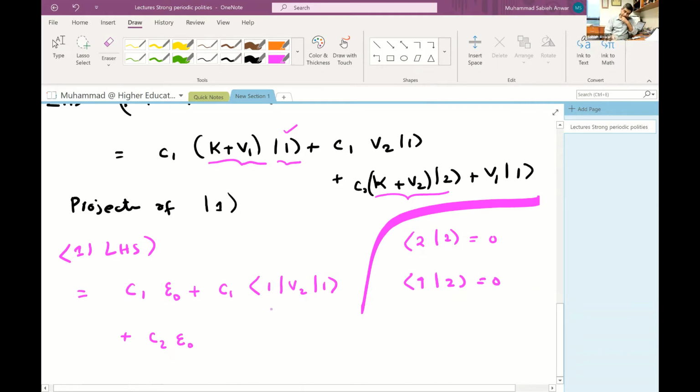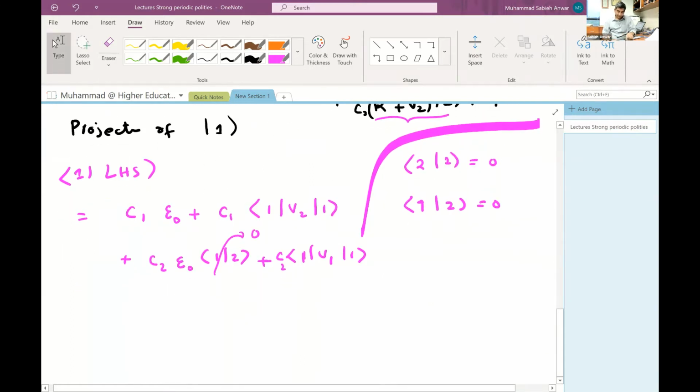However, the overlap with ket1 is 0, so I get a 0 here, plus, by the way, there's a C2 here, C2 bra1 V1 ket1. So the projection of the left hand side is C1 epsilon naught plus C1 bra1 V2 ket1 plus C2 bra1 V1 ket1.